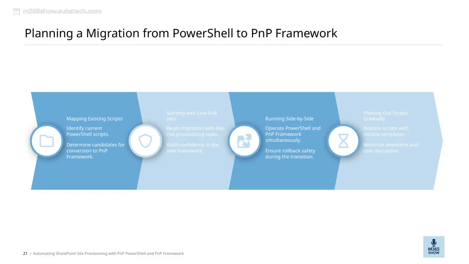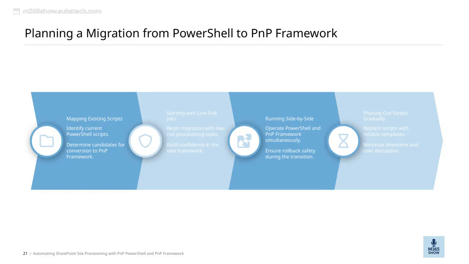Mapping out our existing scripts is a crucial part of this process. It helps us understand what each script does, so we can plan the best way to convert or replace them effectively. This methodical approach ensures a controlled, confident migration, reducing potential disruptions, and laying a solid foundation for broader adoption of the PnP framework.